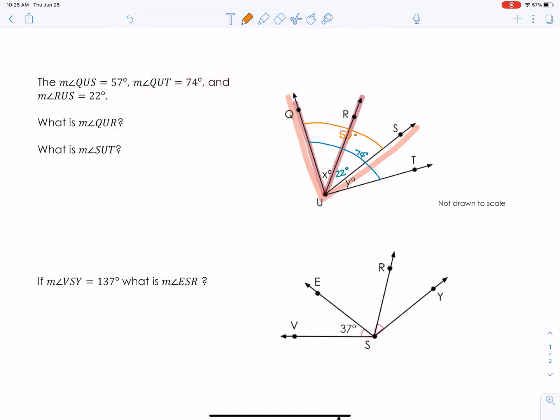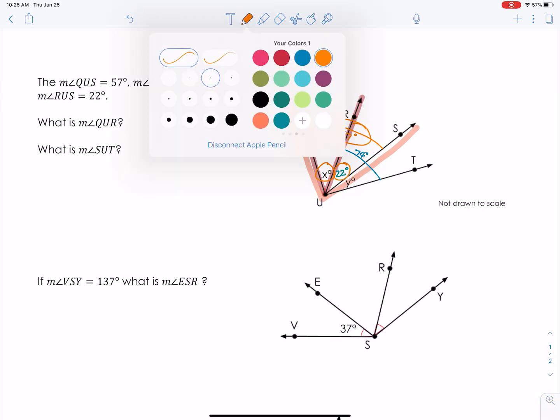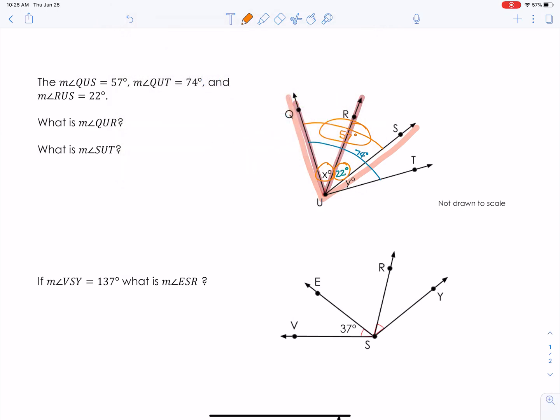So if we take this angle plus this angle, it should equal the whole angle. So we're going to say x plus 22 should equal 57. And now when we subtract 22 from both sides, that means x should be equal to 35 degrees. Whoops, we want to keep that.